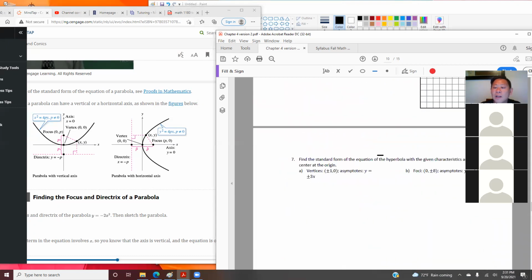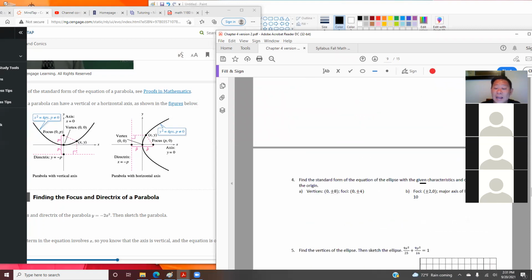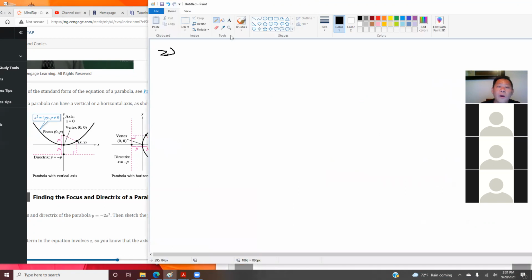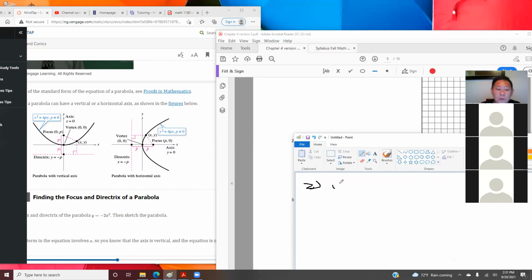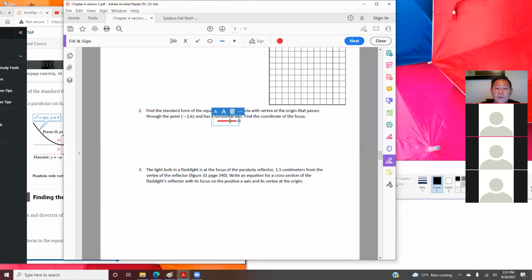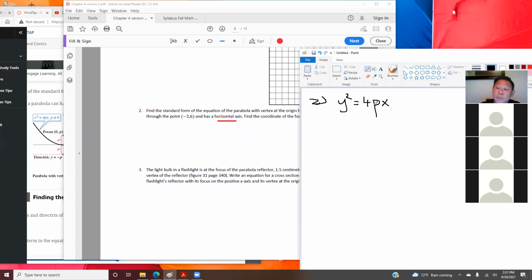So now we got this. Actually this is the second one. So it's going to be y squared equals 4px. Since this question is asking for a horizontal axis, my question is, we need to know p, right?